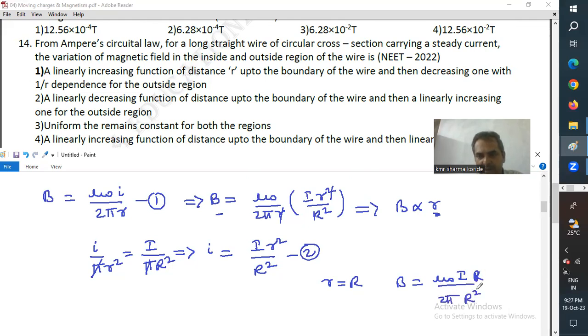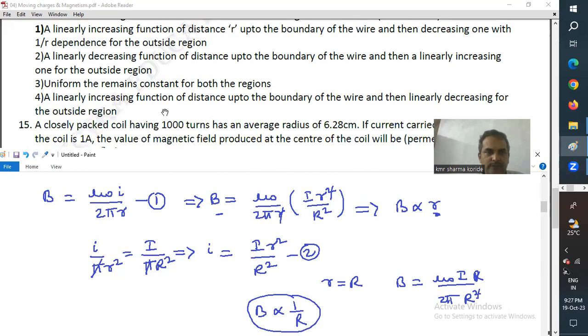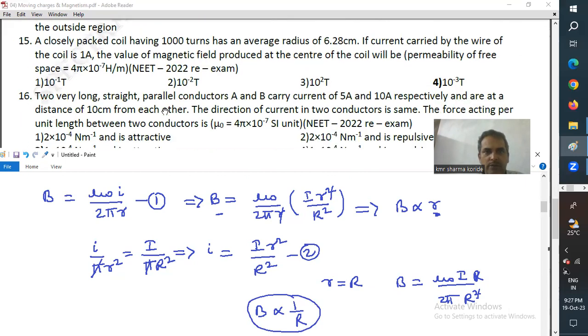So therefore, one R gets cancelled. So now B is inversely proportional to r. So once it crosses the outside boundary, it decreases, inversely proportional. So first option is correct. Moving to the next question.